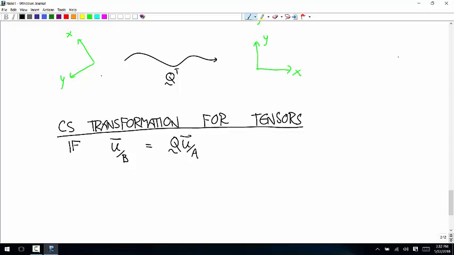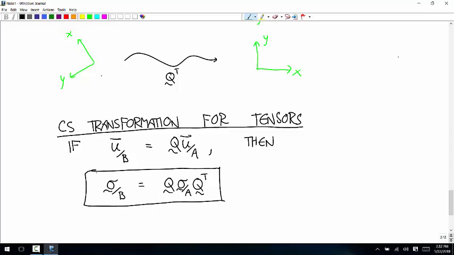What that means is if rotation matrix Q transforms from A to B, then a tensor expressed in the B coordinate system is equal to Q times the tensor expressed in the A coordinate system times Q transpose. So to do transformations with tensors, you need the rotation matrix and its transpose.